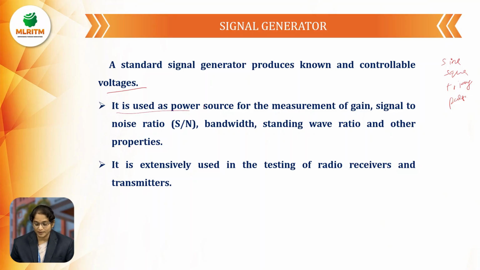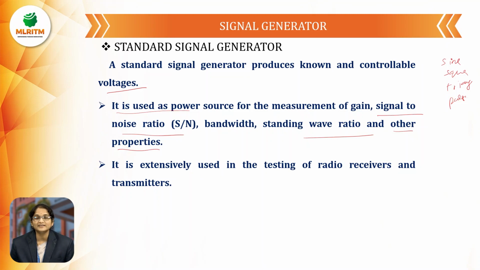It is used as the power source for the measurement of gain, signal to noise ratio, bandwidth, standing wave ratio and other properties. It is extensively used in the testing of radio receivers and transmitters. We use the standard signal generator to test the signal, design that signal, and troubleshoot it.